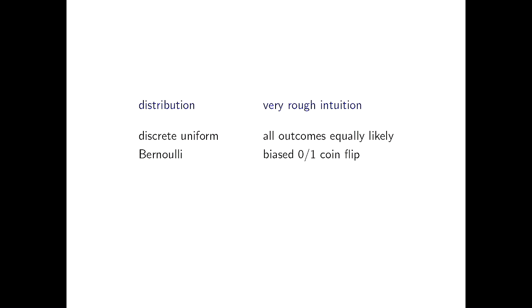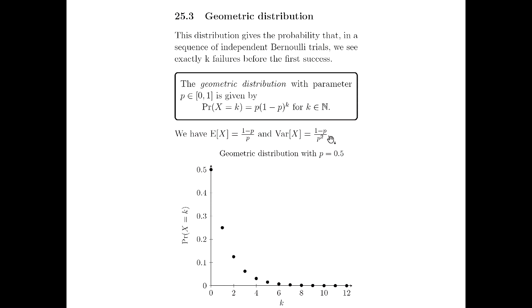Okay. So, we've got discrete uniform, everything equally likely. We've got Bernoulli, which is a biased 0-1 coin flip. Okay, so the first of the things we can do with a Bernoulli distribution is do a whole bunch of them until we see our first one.